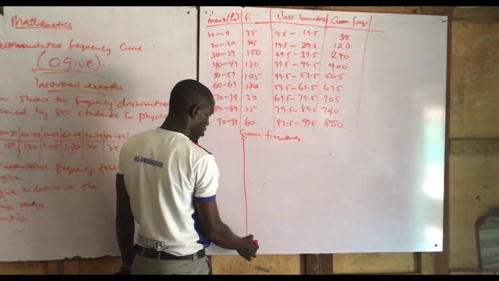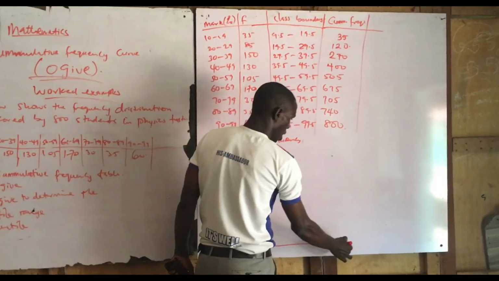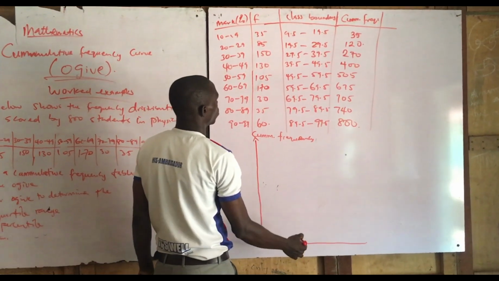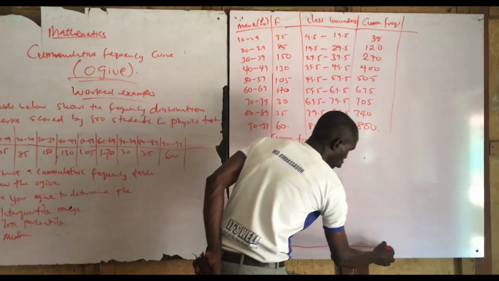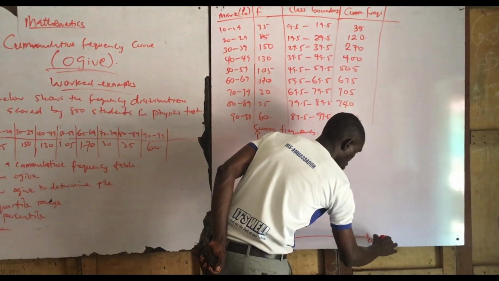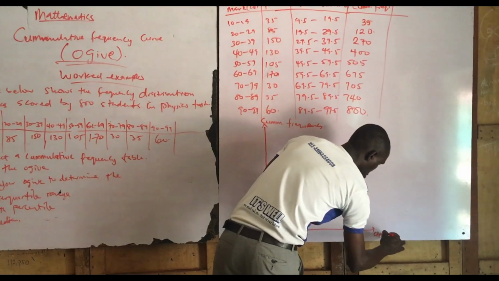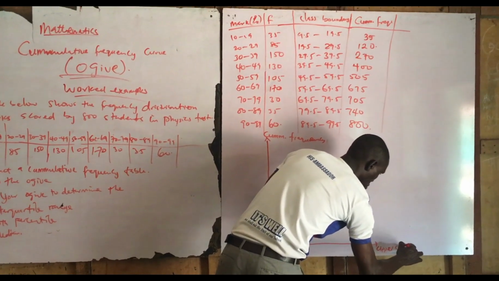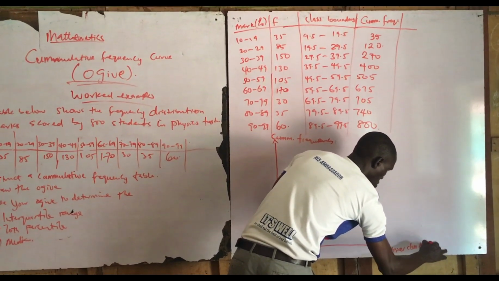And on the horizontal axis, we are plotting the class boundary, the upper class boundary. That's how we are going to draw this one.